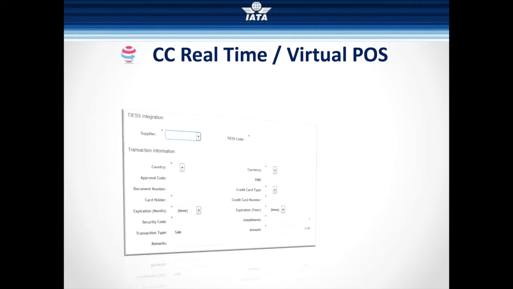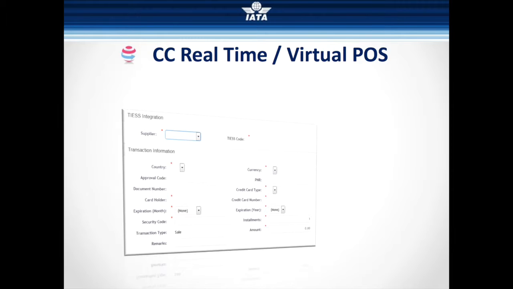Jumping into the credit card real-time and virtual POS, which is basically a payment gateway that is attached and available for the TIESS customers, allowing authorizations and captures in real time through a web screen, virtual POS, or authorization and captures through integration, an XML integration, or through web services.